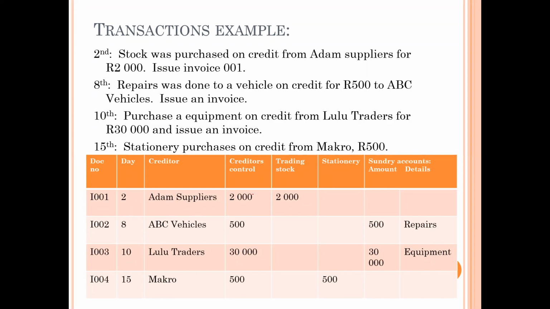Then the amount columns, every time with every transaction, you're going to write the amount in creditors control and for what it is. For instance, on the 2nd, it was creditors control and trading stock. On the 8th, it was creditors control and repairs, but there was not a repairs column at the top, therefore you have taken it to sundry accounts.